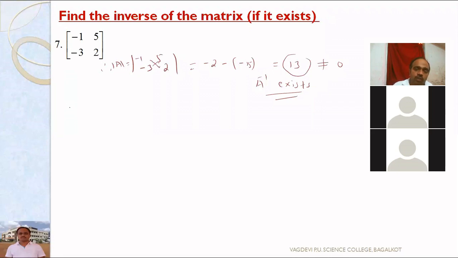You have to find the adjoint. Before finding the adjoint, you have to write the cofactor matrix. So take the given matrix as A. Cofactor A means the cofactor matrix. How to write it? I said plus.